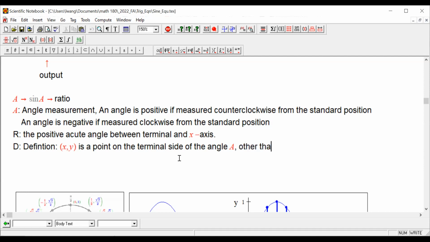It must be other than the origin, so we write down (0, 0), the origin. Once x and y are specified, then R is defined.